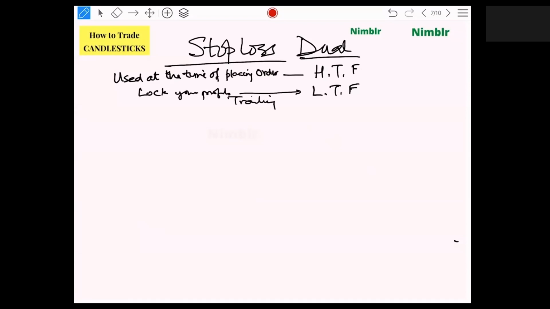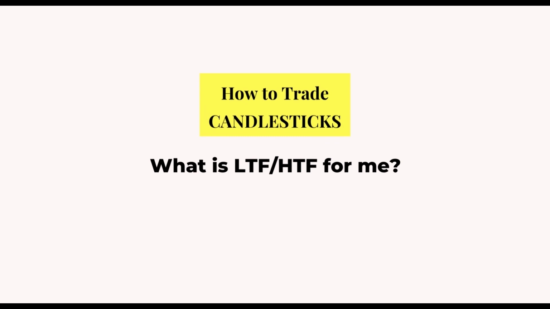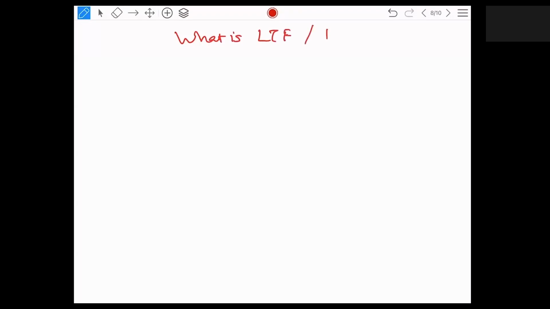The trailing stop loss, the higher time frame stop loss, is again below IC, but it is intraday. I'm only giving you intraday trades, 0.4% and this is 0.1%. LTF and HTF for me.